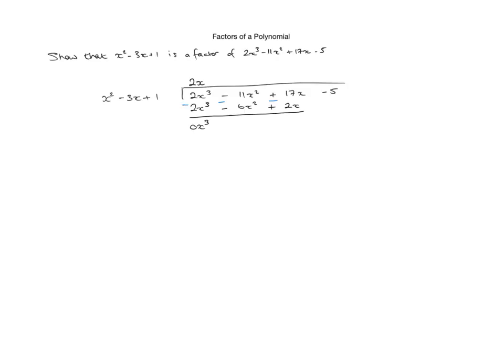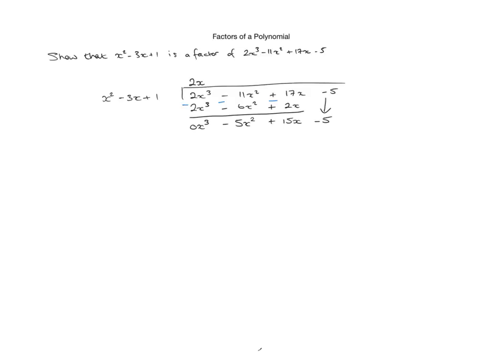And then we have minus 11x squared, minus minus 6x squared, and a minus minus makes it positive, so minus 11 plus 6 is minus 5. Then we have 17x minus 2x, and that gives us plus 15x. And this just comes down, so it now becomes minus 5.